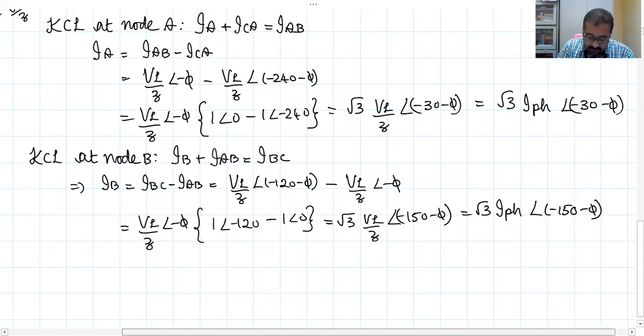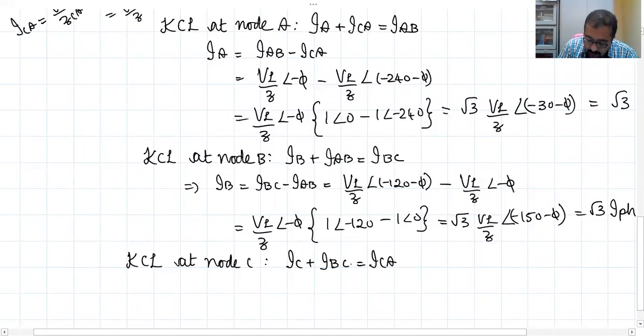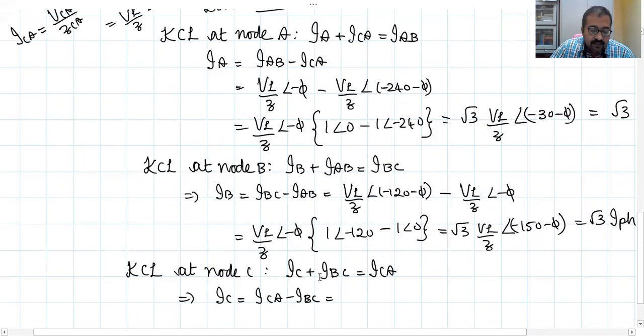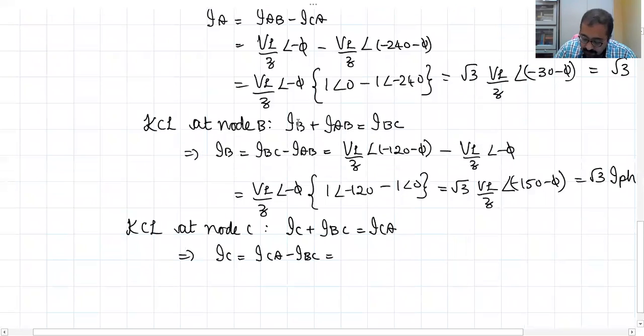Okay. Now similarly, if you apply KCL at node C, what will you get? IC plus IBC equal to ICA, right? Or IC will be equal to what? ICA minus IBC. Okay. What is ICA? ICA is this VL by Z angle minus 240 minus φ, minus IBC.